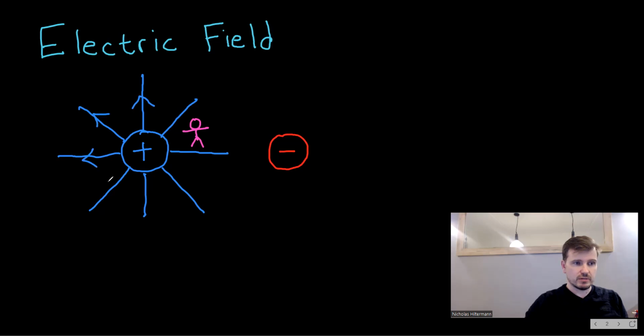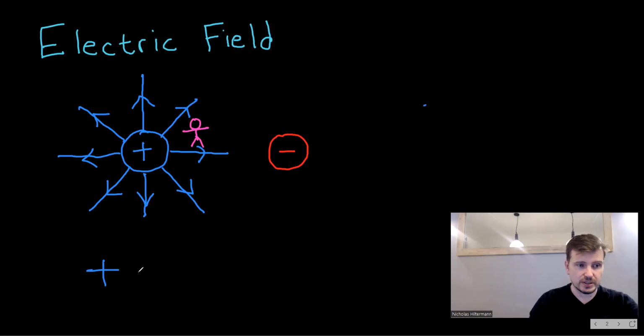Now, the direction of these field lines, the direction of the arrows, is very specific. It is the direction that a positive point charge would experience. That's important. Notice that from a positive charged particle, the arrows go outwards. And what do we know about charges?